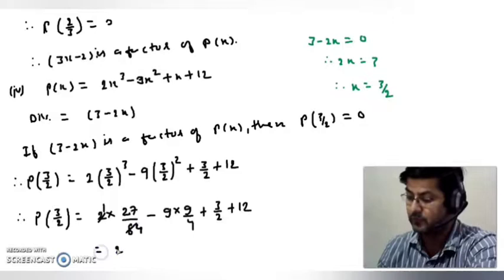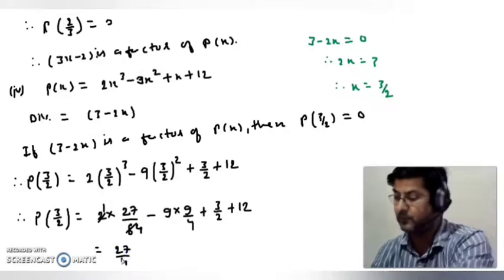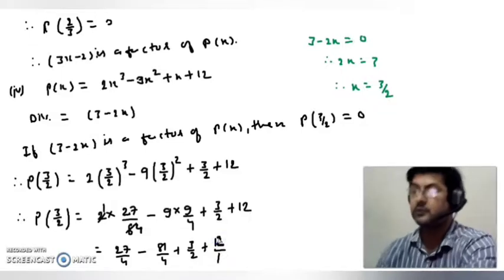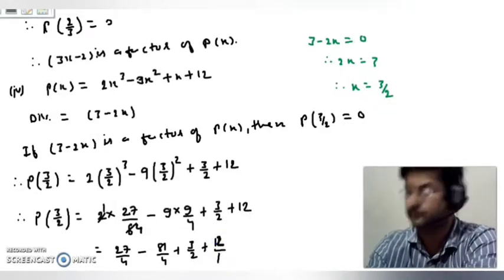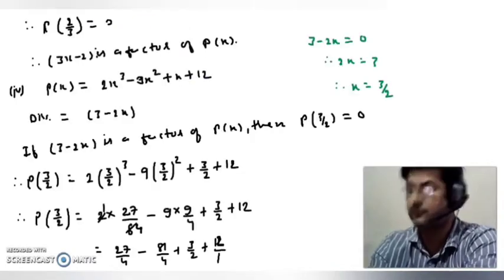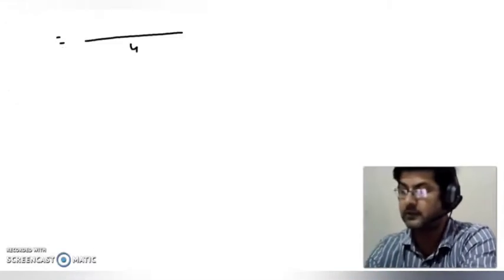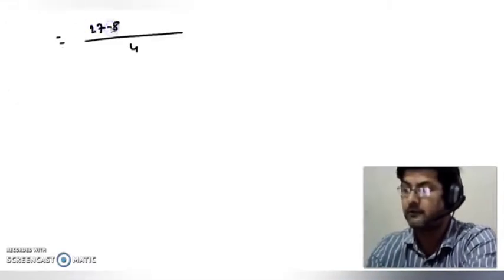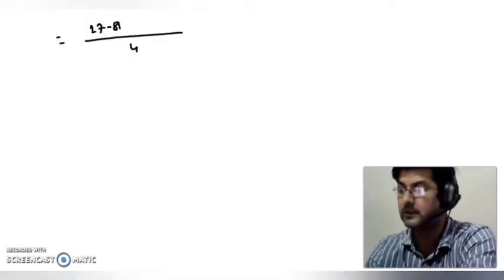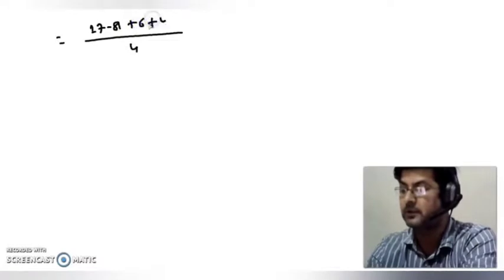So 27 upon 4 minus 81 upon 4 plus 3 by 2 plus 12 by 1. Okay, so take the LCM, which is 4: 27 minus 81 plus 6 plus 48.